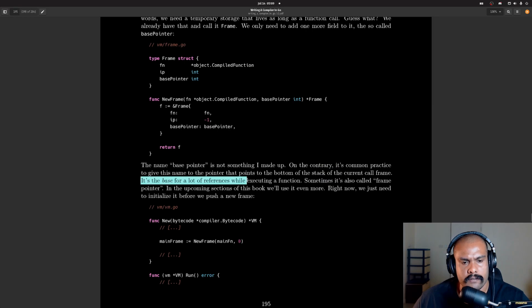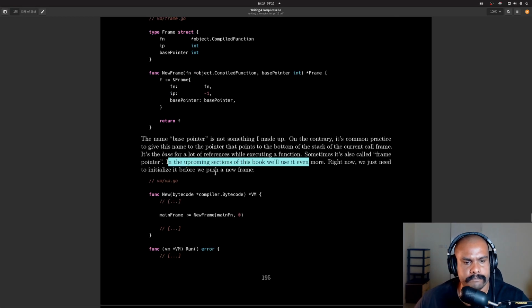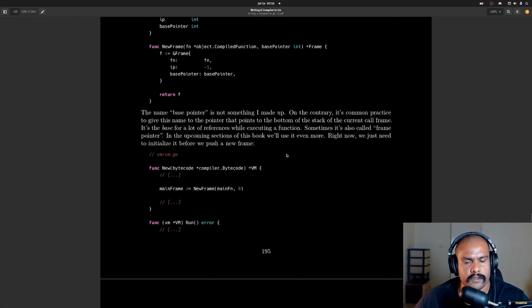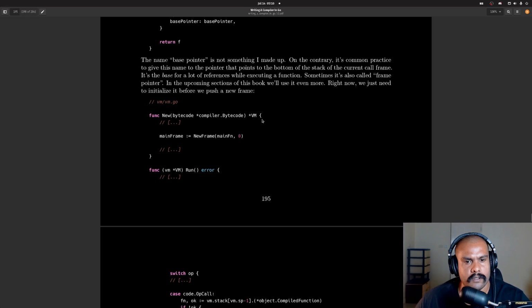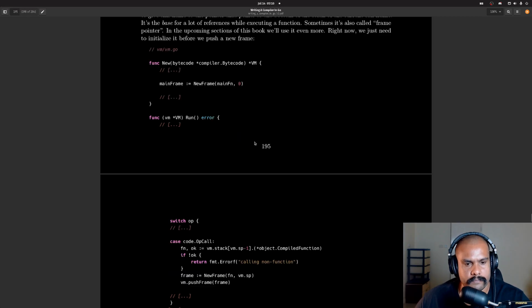It's the base for a lot of references while executing a function. Sometimes it's also called frame pointer. In the upcoming sections of this book, we'll use it even more. Right now, we just needed to push a new frame. Okay, pass it the base, the stack pointer.